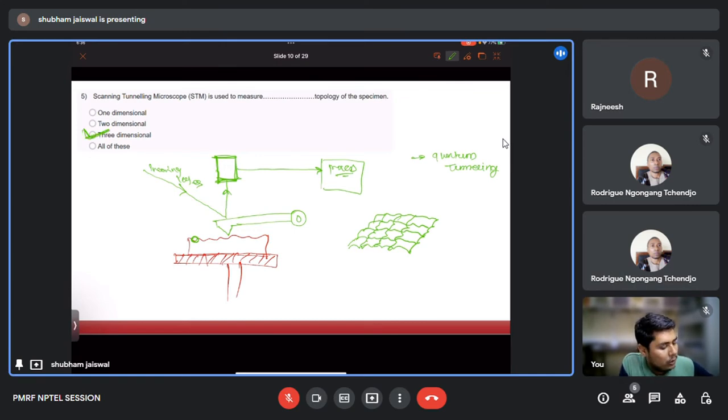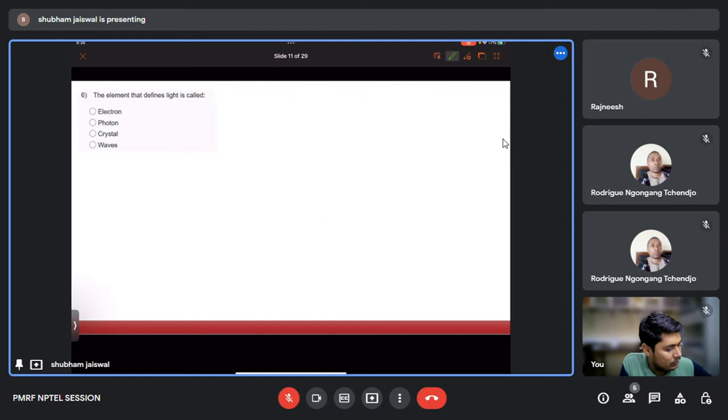Now moving to our next question. The element that defines the light is called electron, photon, crystal, waves. Yeah, Mr. Roderick, you are correct.